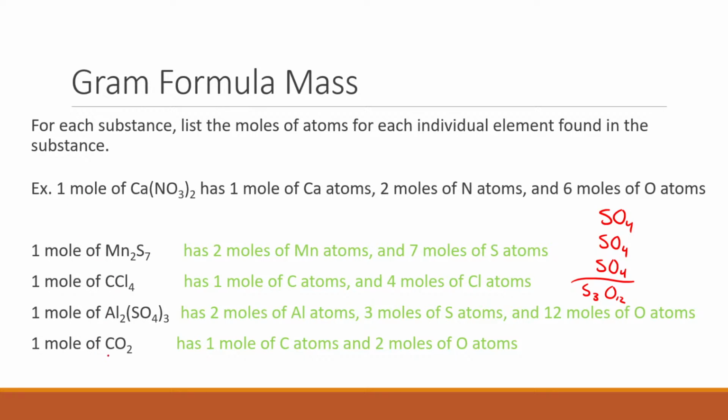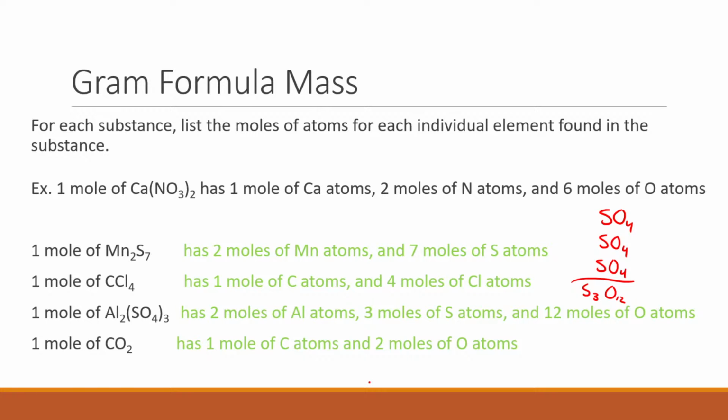And then lastly, carbon dioxide, 1 mole of carbon, 2 moles of oxygen. So that's always going to be the first thing that you do when you want to find out how much a mole of something weighs, is check, well, how much of each thing do I have?